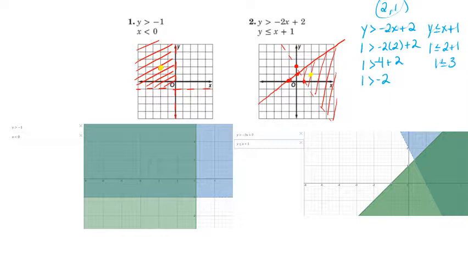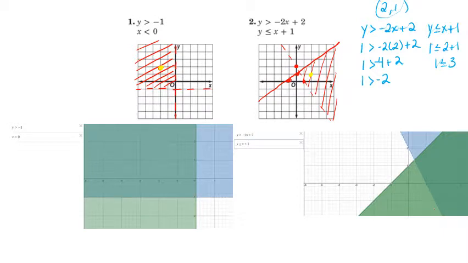Any points on this little section here, on that solid line right there, would also give me a true statement because it would give me an equal to on the second equation. Any points on the dotted line, however, would not, because those points wouldn't work in the first inequality.